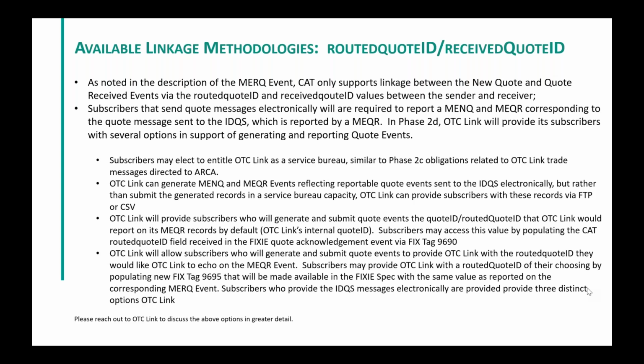Essentially there the subscriber would just pull FIX tag 9690, whatever value is included in that tag, and map that to their routed quote ID event, which we would then reflect in our quote received event.